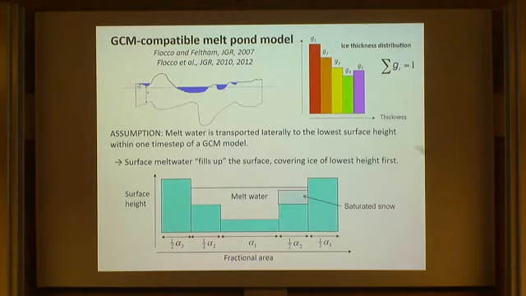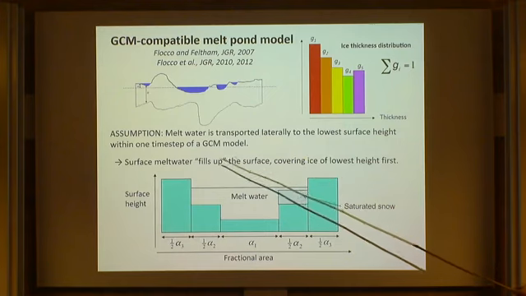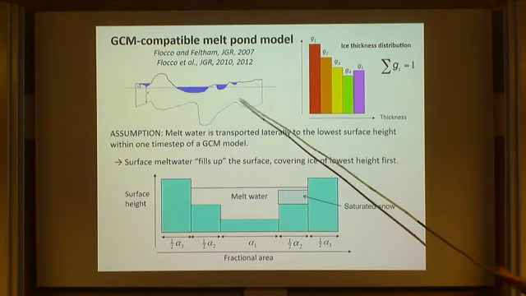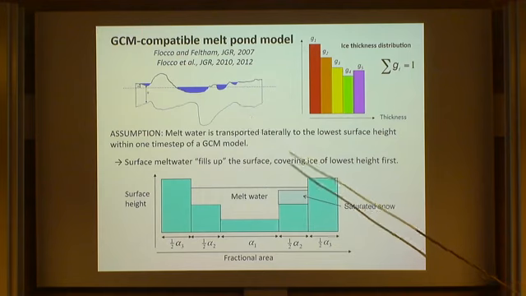And now I want to talk about the more complex melt pond model, which Daniela Flocco has spent most of the work on, in a way with Danny Feltham's group, over the last 15 years or something like that, on this melt pond model. So the principal idea is that the meltwater collects at the lowest part of the sea ice topography.